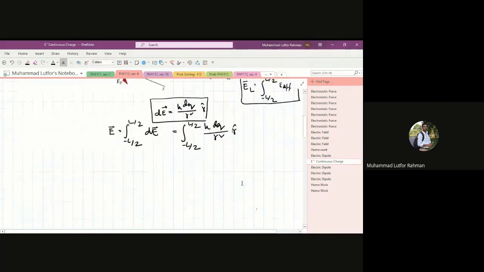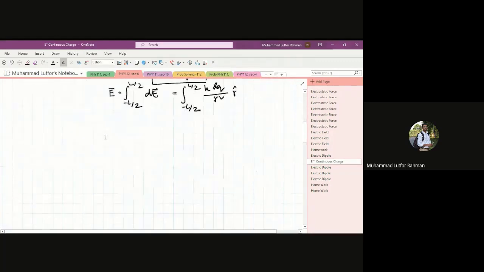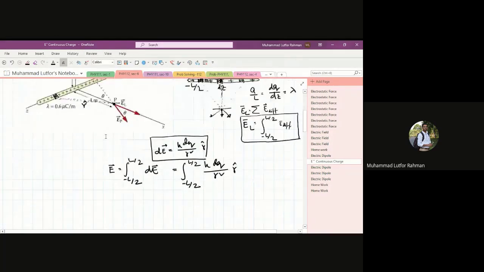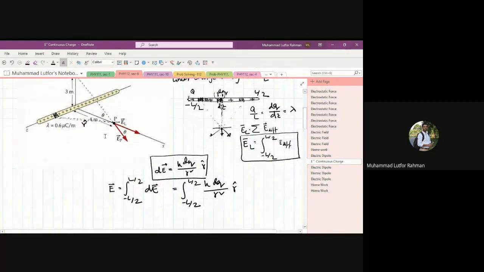Now what is r hat? r hat is basically the unit vector in the direction of that vector. To find that r hat, I'll take the components. It will create an angle there, and that angle we can also find.